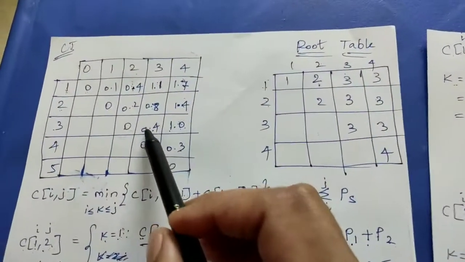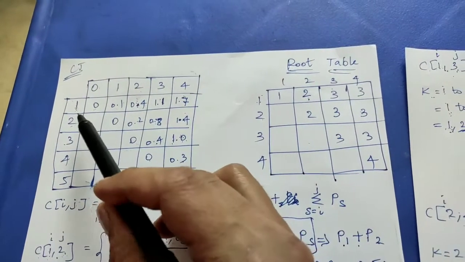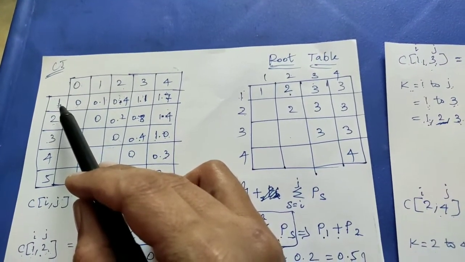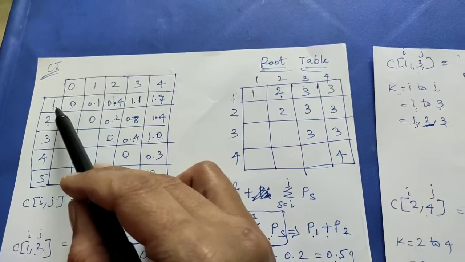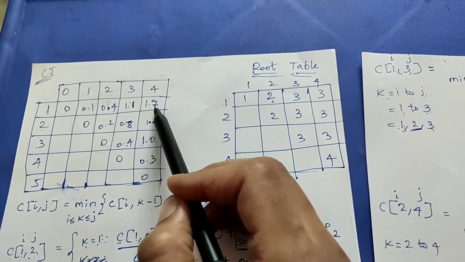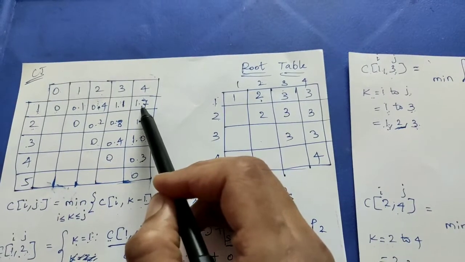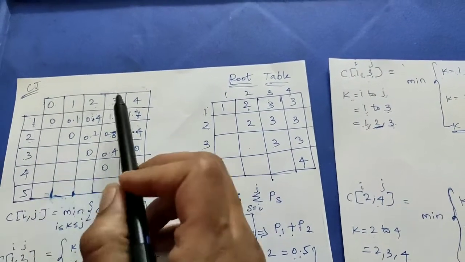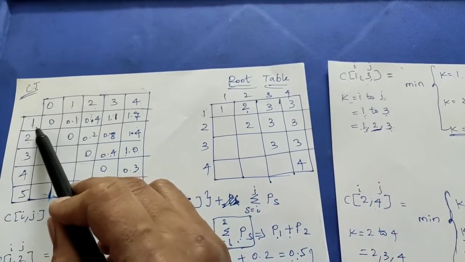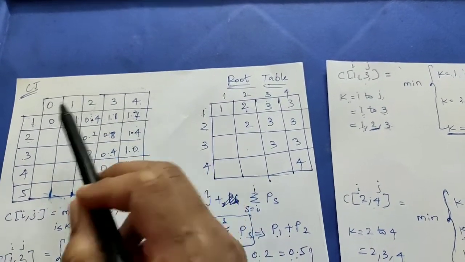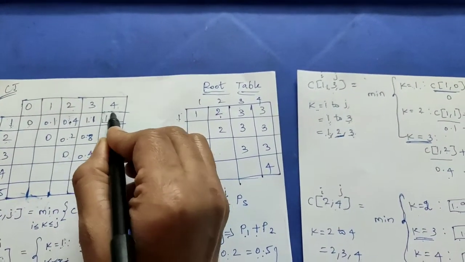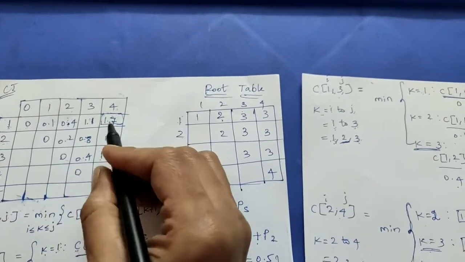If you go to your cost table, always the optimal cost will be in the last diagonal field. In the last diagonal field, always it will be in the location 1, 4. That is the optimal cost of searching a binary search tree.